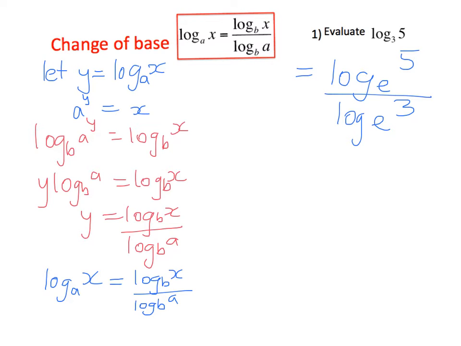So just typing that into your calculator, and if you did base 10 instead of base e, you should get the same answer. So that's 1.46497351. Maybe we can round that to 2 decimal places. That's 1.46.